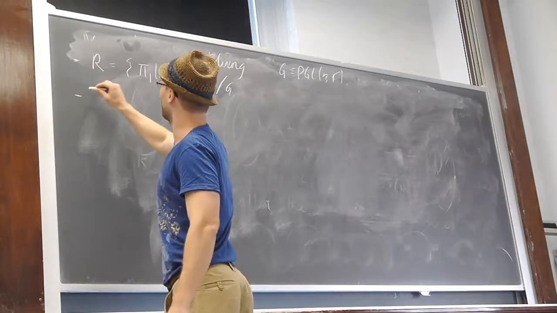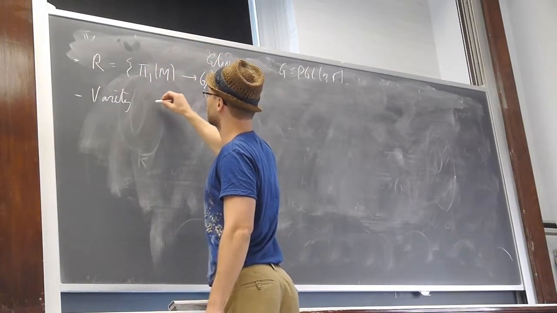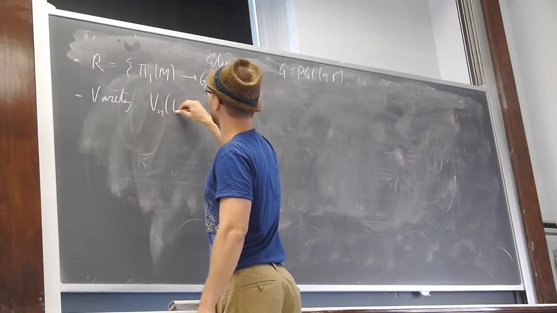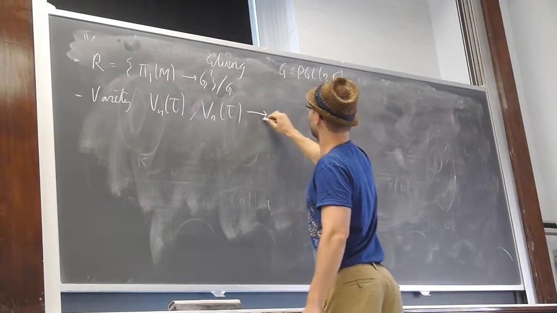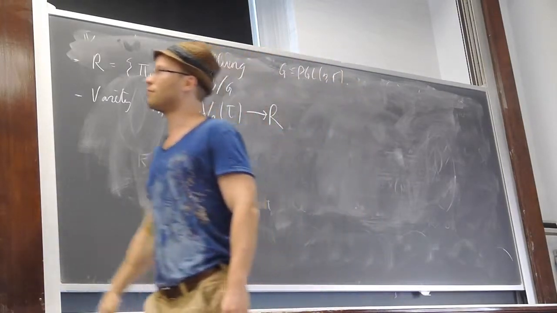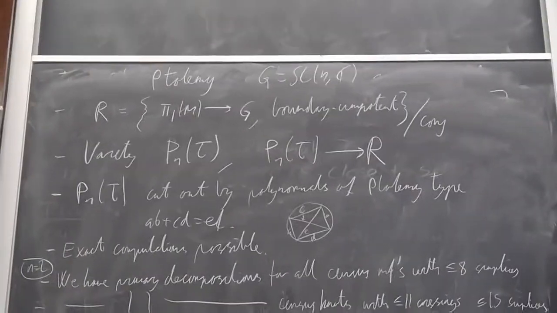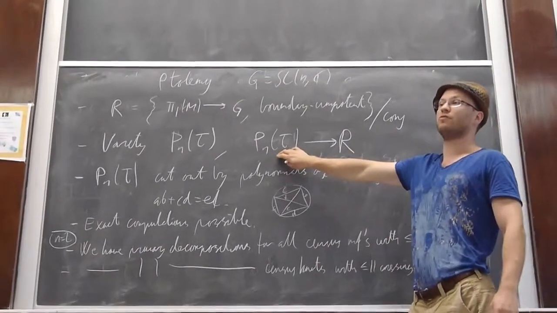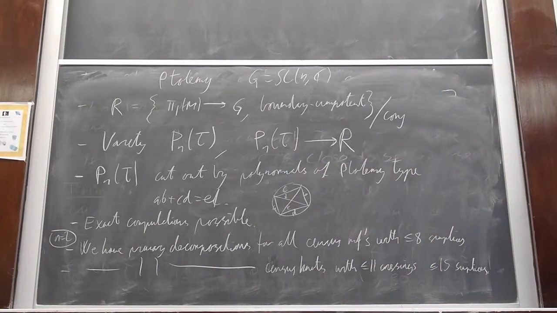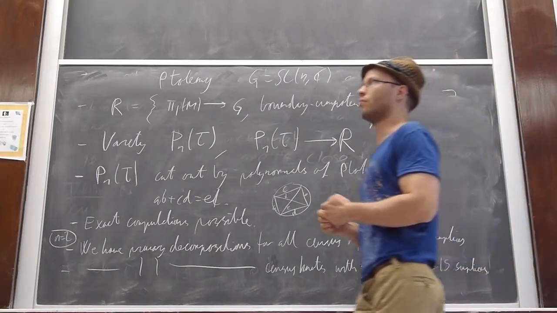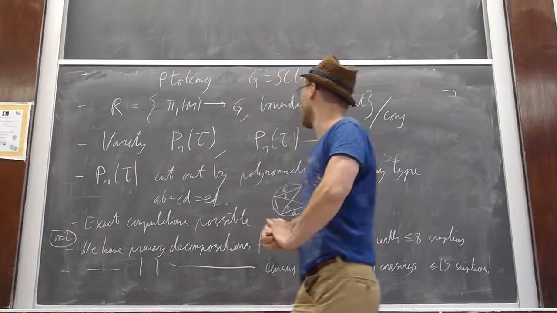And again, we'll get a variety and a map. I should say that we have this dependency on the triangulation. If you start with any triangulation, this could be empty, for example. But if you have a hyperbolic manifold, we have some conditions that make sure that we always find at least the geometric component, and generally a lot more.